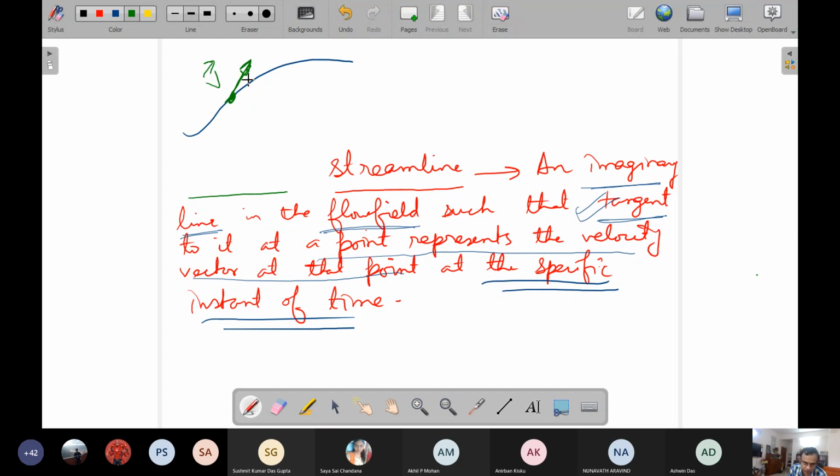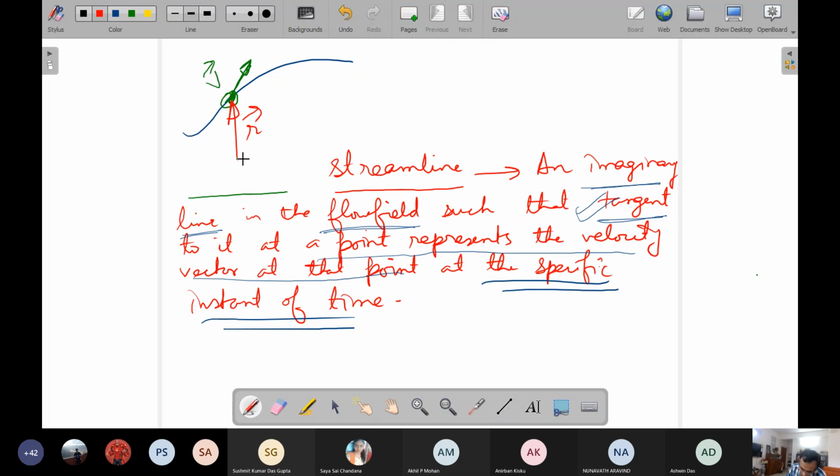So let us say that this point where we are getting this velocity vector is defined by a position vector r.